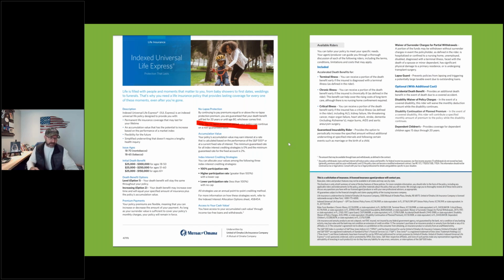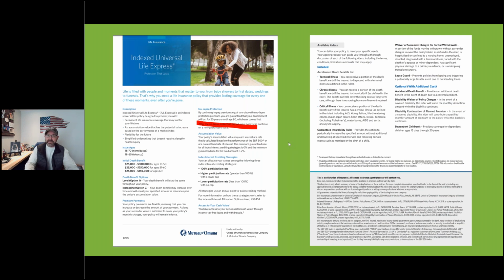Can't do that with a term product. Strong cash accumulation potential, tax-free distribution through either withdrawals or tax-free loans against the policy. It has living benefits, issue ages 18 to 70, which is great.